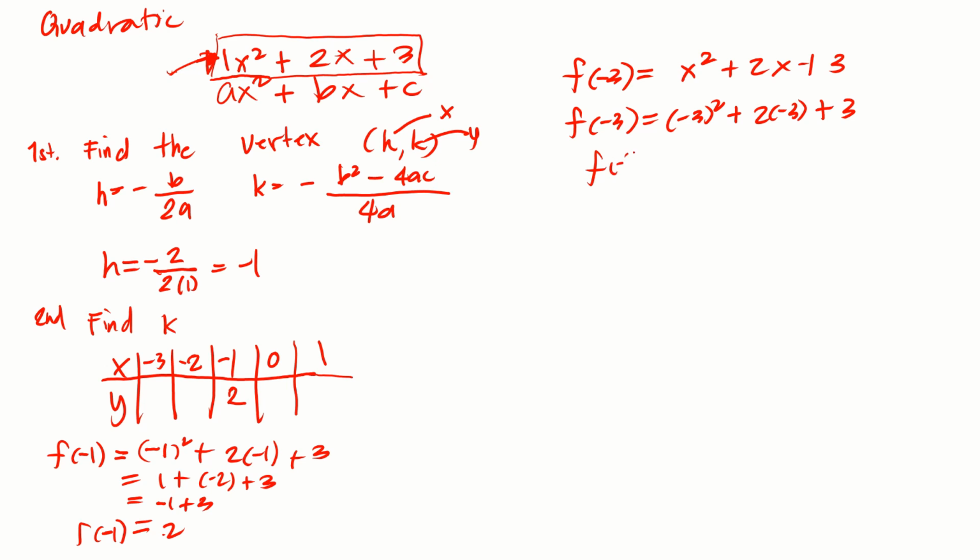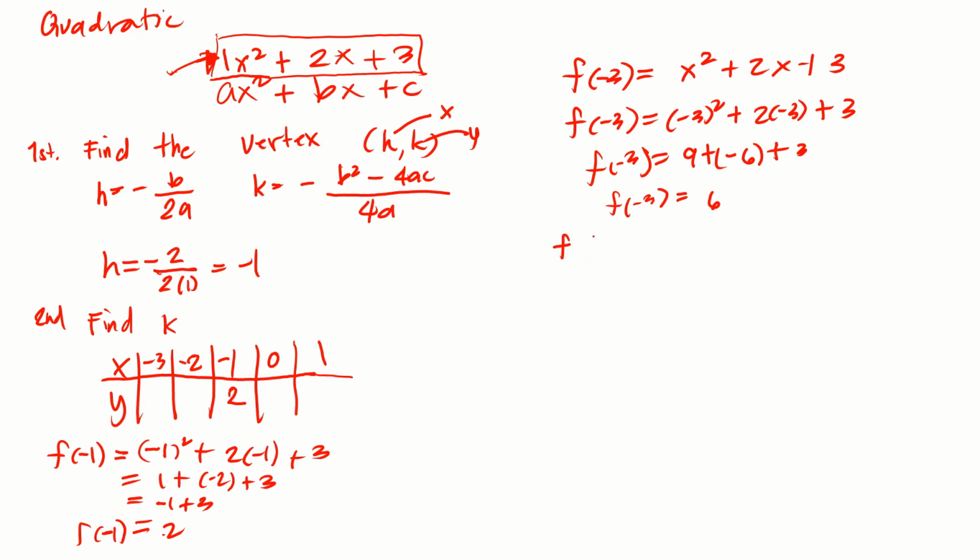So f of -3 is equal to 9 plus -6 plus 3. So f of -3 is equal to 9 plus -6 is 3, plus 3 is equal to 6.